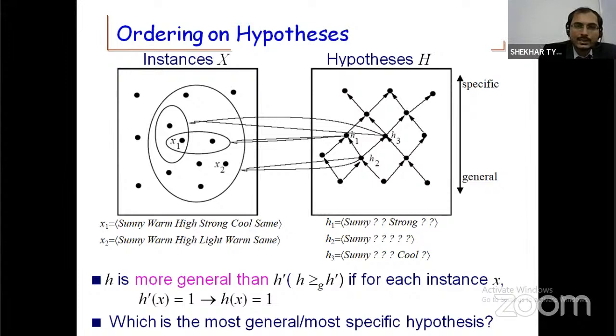Ordering of hypotheses is basically instance based. Whatever we have are instances, and on the basis of these instances, the concept learning tasks we derive from them will provide some hypothesis, right? So the hypothesis creation is based on algorithmic instance values, either a specific, don't care, or a null value, right?